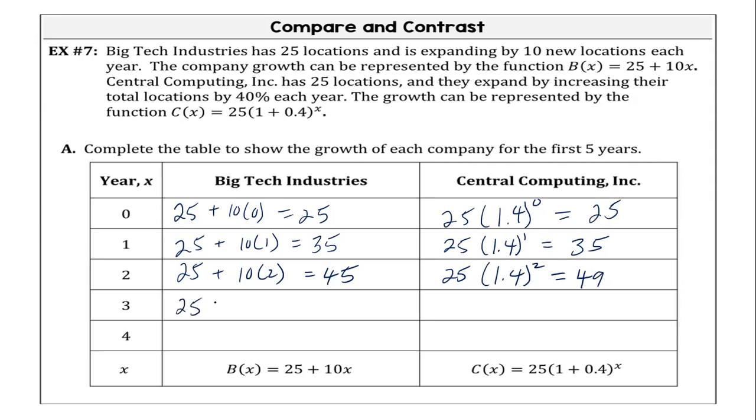So if we keep going, 25 plus 10 times 3, that's going to put us at 55. And we can quickly do this one, right? It's going to put us at 65. On this side, we have 25 times 1.4 to the third, and we have 25 times 1.4 to the fourth. And what are our values?